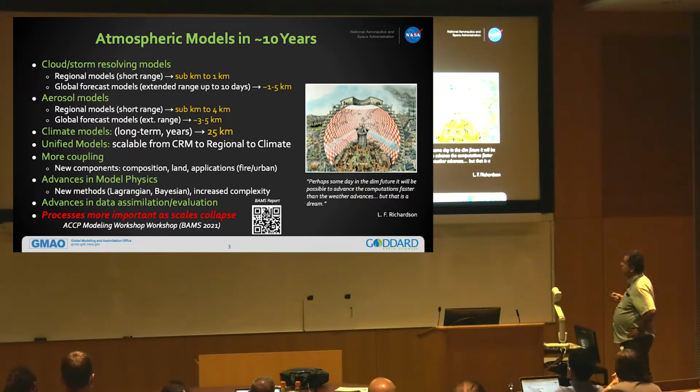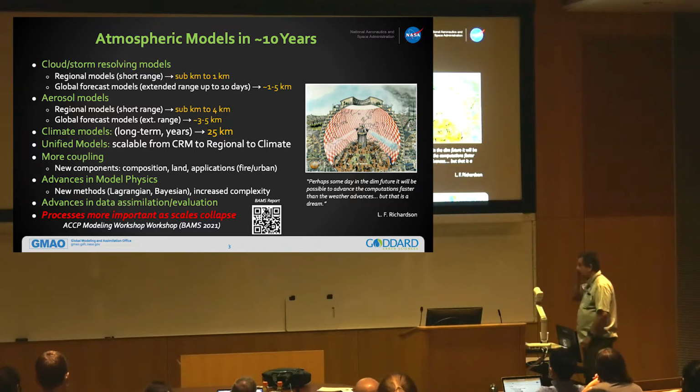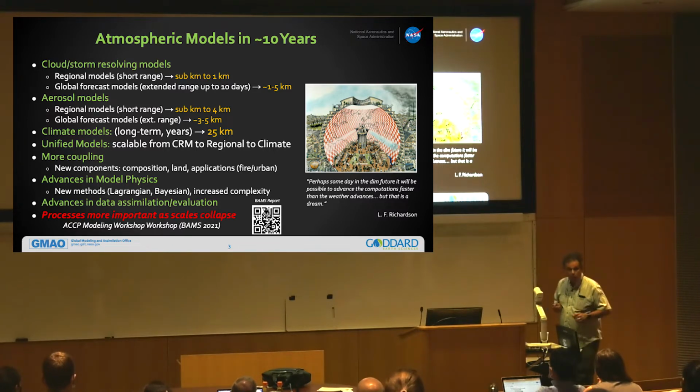So the models do have more coupling. The physics would be advancing, right? New methods with increased complexity, and the use of machine learning to accelerate some of those parameterizations and processes, will be a big part of allowing that jump.